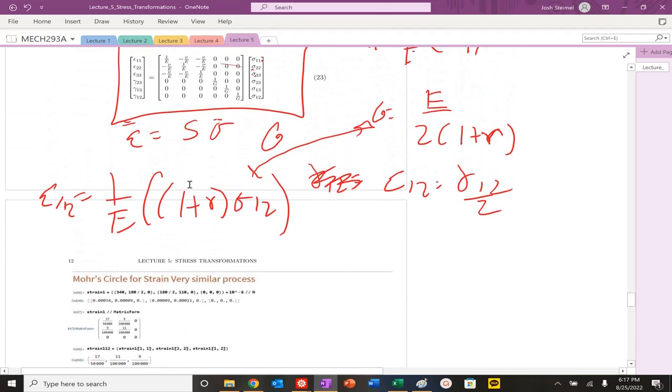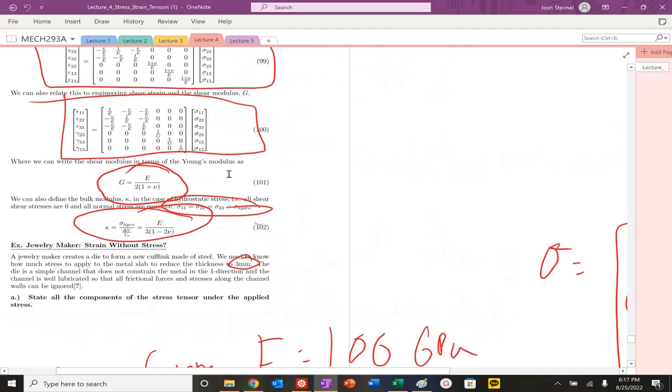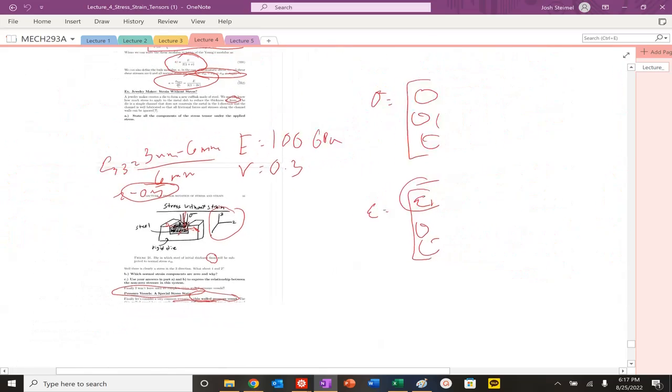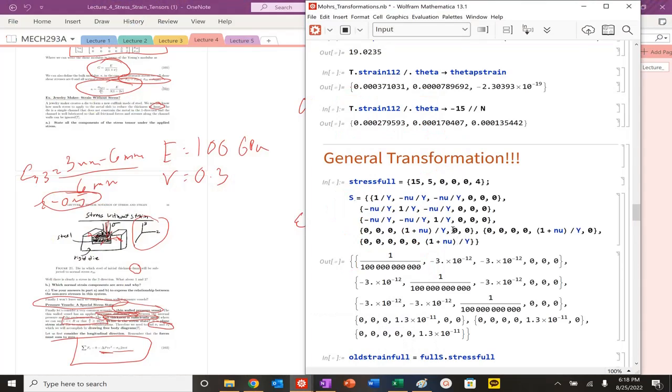So let's go ahead and solve the problem that we ran into, our complex stress state in lecture 4, this fun one, using this other notation. I could just replace my G with E over 2 times 1 plus nu, just like we've done before.